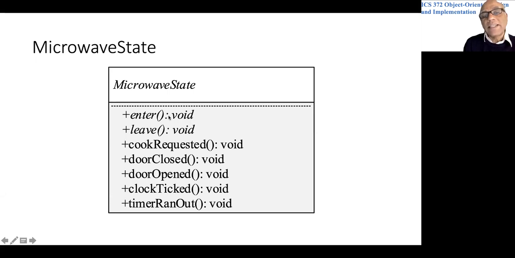That is done in the enter method. This is left abstract so that every state has to tell what it needs to do before starting its processing. And before leaving the state, what should happen? That is in the leave method.